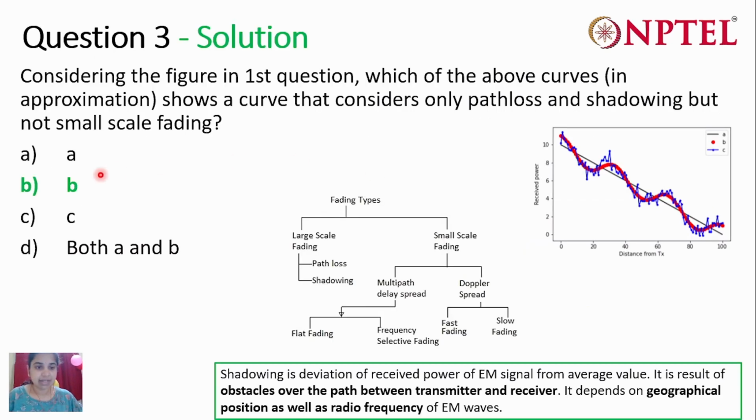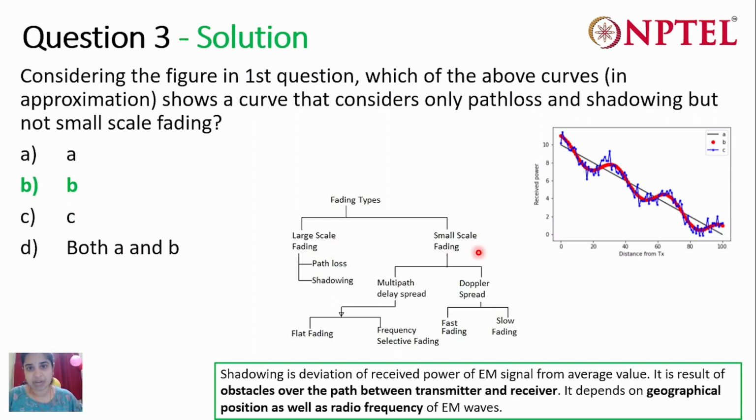So, as he said, the answer is B. This red curve considers only path loss and shadowing. Generally, path loss and shadowing come under large scale fading, and there's something called small scale fading also. In large scale fading, you have large fluctuations over distance.